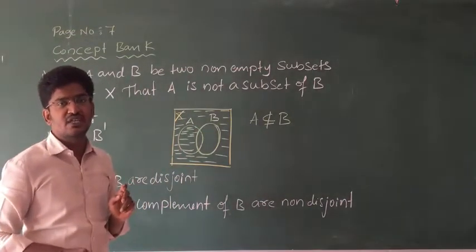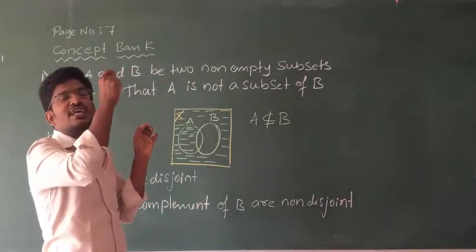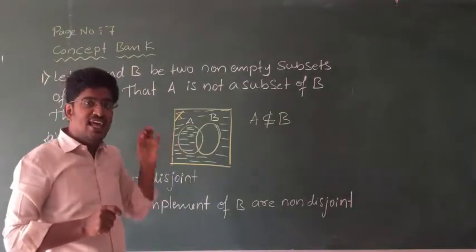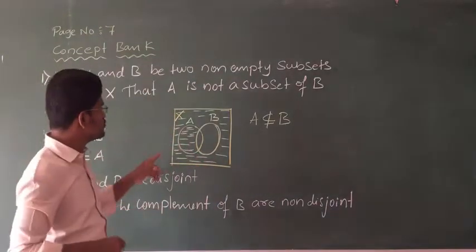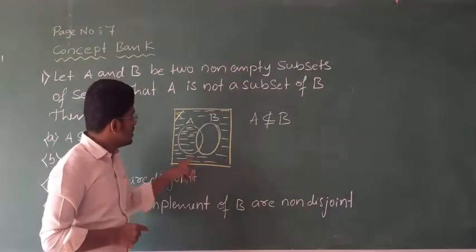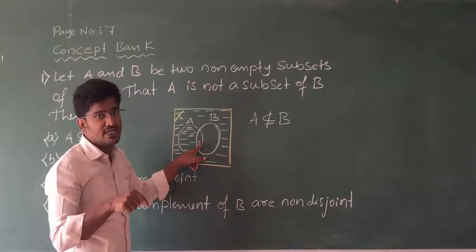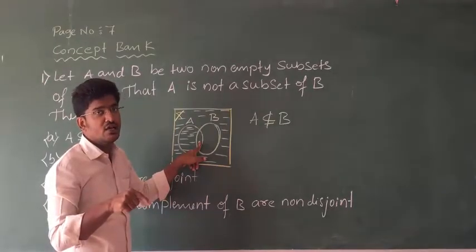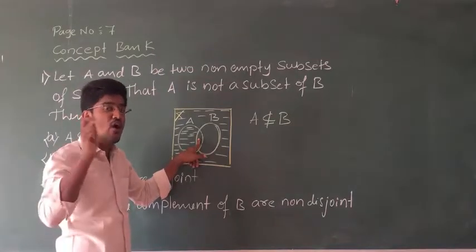Then A is going to be the subset of the complement of B. But if you see this Venn diagram, in this portion, the elements of B are present. Are you getting my point? So these particular elements are not included in the complement of B.